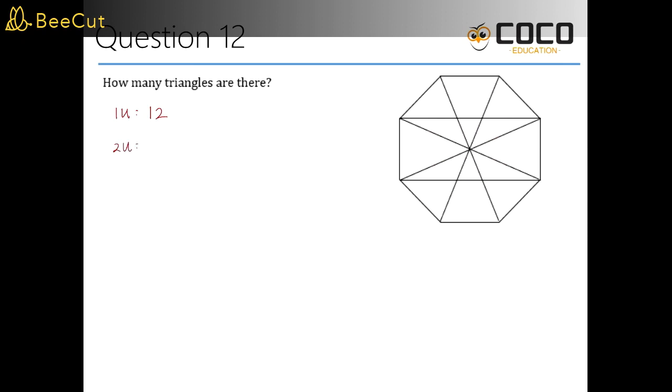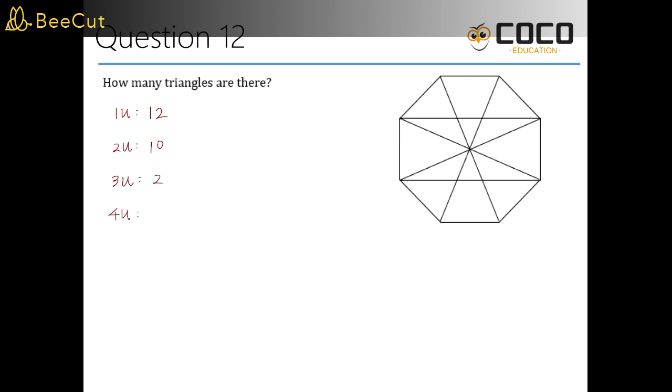Then we check those that consist of 2 regions. There's 1, 2, 3, 4, 5, 6, then 7, 8, 9, and 10. So those consisting of 2 regions number 10. For those that have 3 regions, this one and the other one, so we have 2.